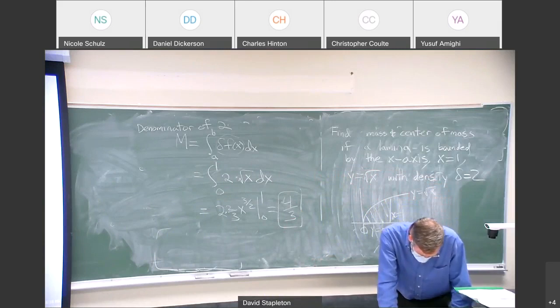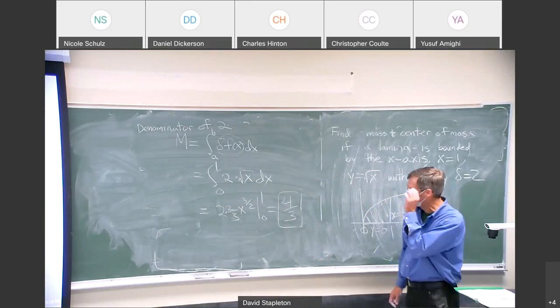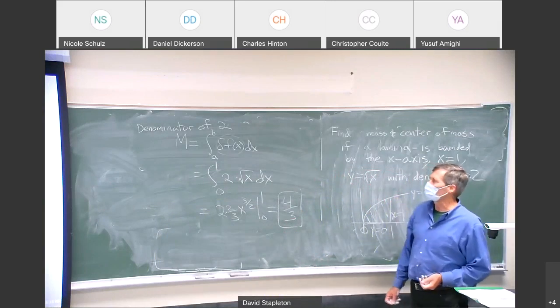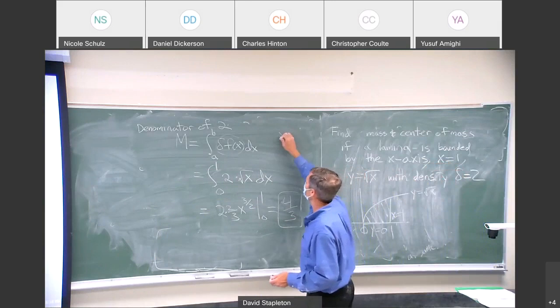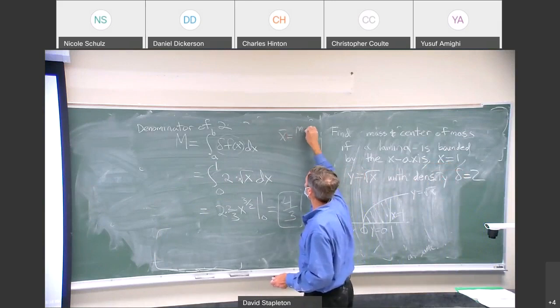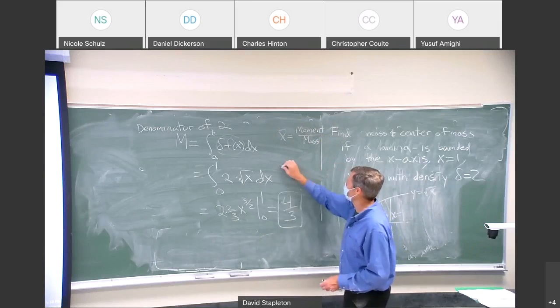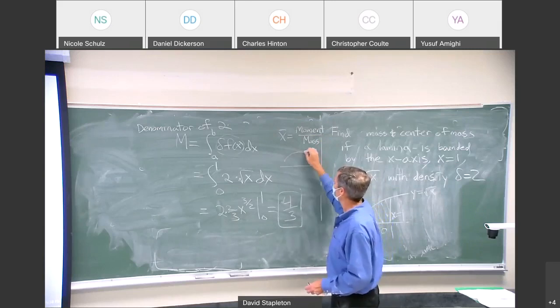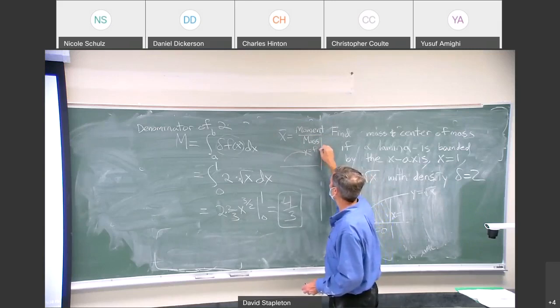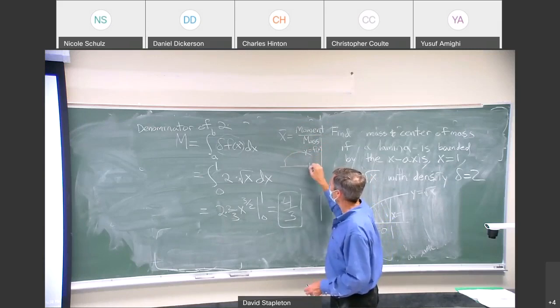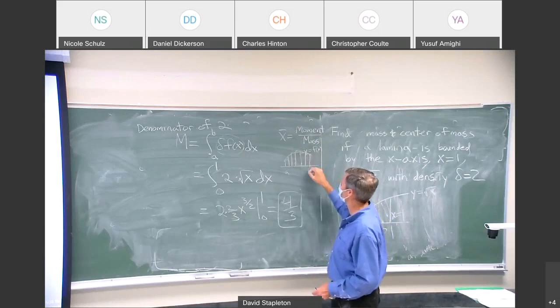So why would you only take the denominator? Because the formula for the center of mass, x bar, was the moment of mass divided by the mass. So the denominator was the mass. The reason it's the mass, you go back to that diagram. You have y equals f of x, and you integrate from a to b. You're thinking of adding up all these rectangles, and what's the mass of each rectangle?